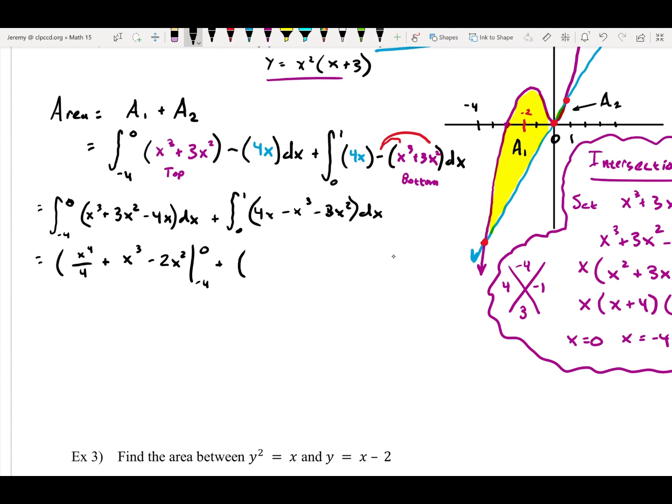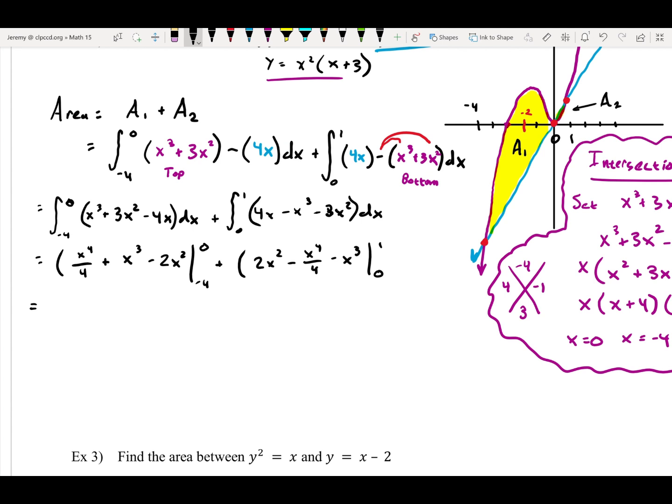Plus, over here, we'll get 2x squared minus x to the 4th over 4 minus x cubed. And we're evaluating this from 0 to 1. Just checking my work. I always like to give it a once over before I move on.